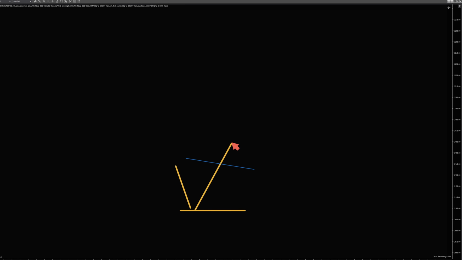When it reaches some point here, let's say there is some type of pullback or some area here, some buyers sell their positions and take their profit, and from here the price goes back and retests the moving average area.